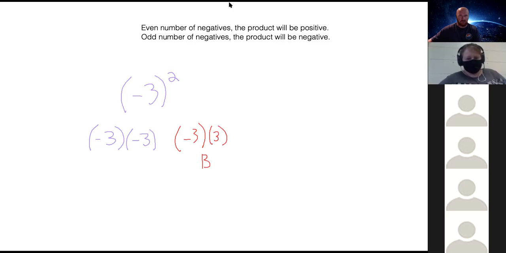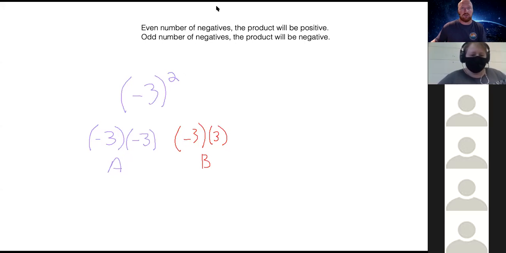So I want you to message me in the chat. Do you think it should be A or B? Let's talk about this. This -3 is inside the parentheses, meaning it wants this -3 squared. It wants to take everything inside this parentheses and multiply it by itself 2 times.